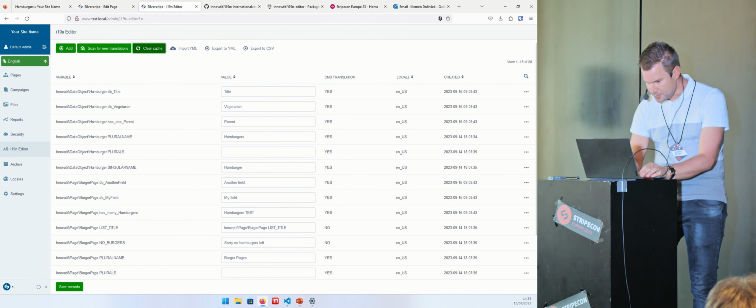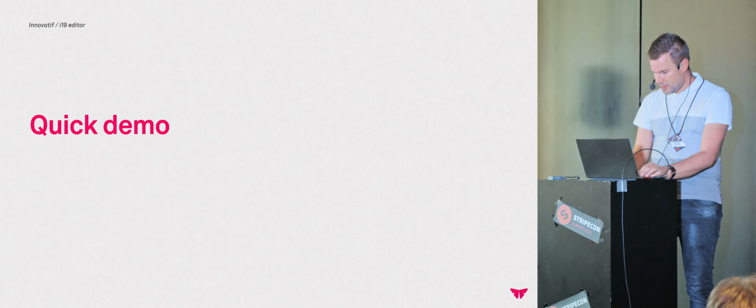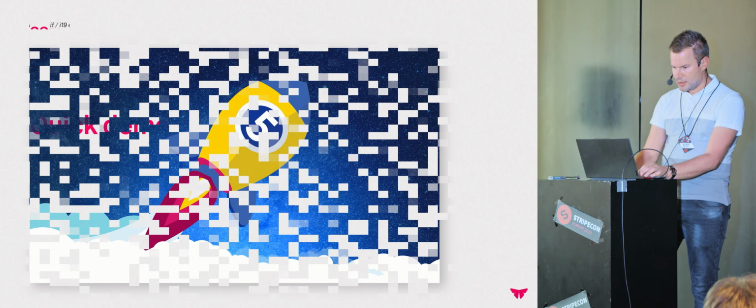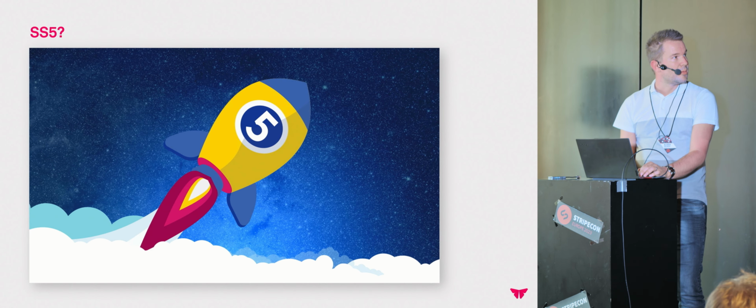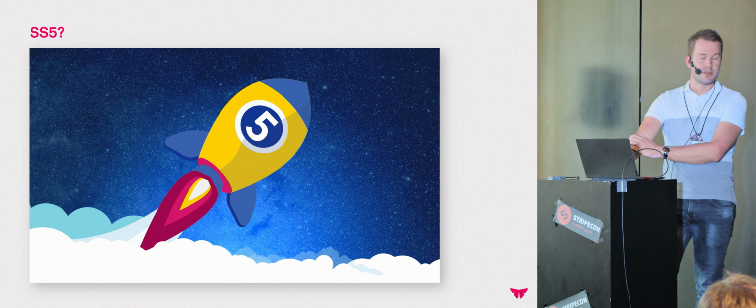Okay. So this was this. And now, what about Silverstripe 5? We are actually using currently one deprecated module for the filtering in the grid field.